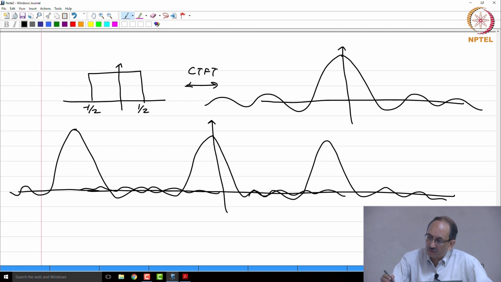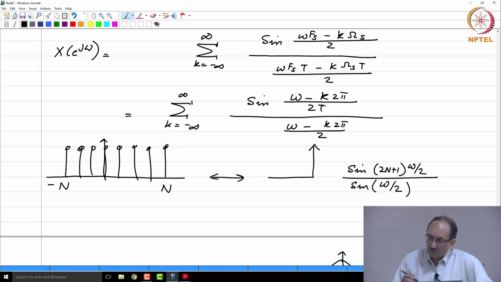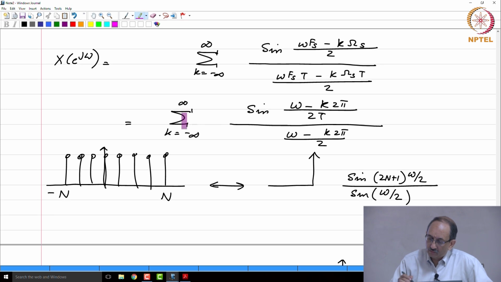Remember, each of these is the aperiodic sinc, and this repetition is omega s. Later, this will get mapped to 2 pi when you scale by cap F s. Therefore, this and this are equivalent.